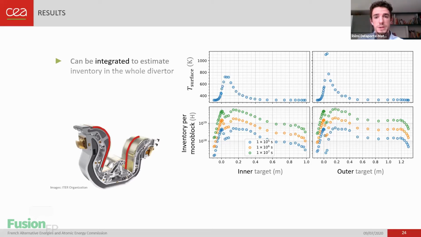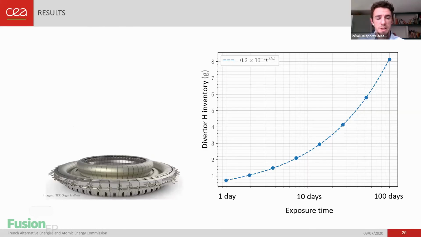So now we need to integrate this onto the whole monoblock, the whole divertor, sorry, in order to have the actual result we need. So we did that, and we noticed that first, the total hydrogen inventory evolves at square root of time, so power 0.5. So after 10 days of exposure, we roughly reach 2.5 grams of hydrogen in the whole divertor.